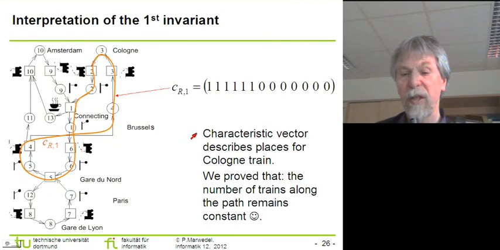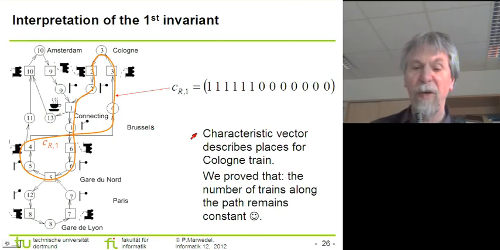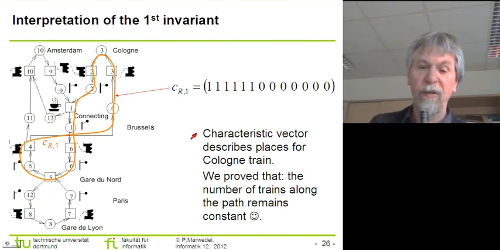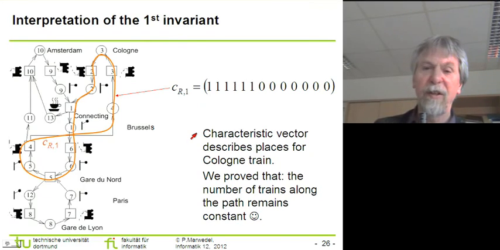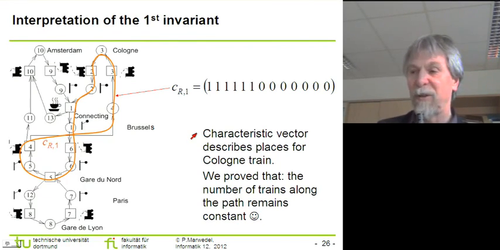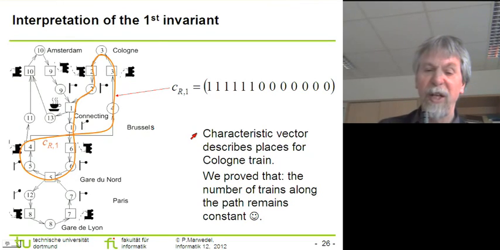So the meaning of having an invariant here, the meaning of having a constant number of tokens, is that these trains from Cologne never get lost. And I think that's very good news for those people who are entering a train at Cologne.